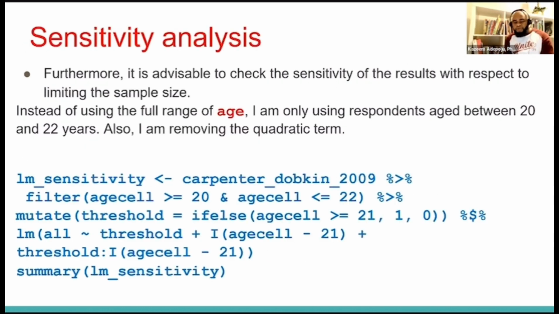And when we conduct what I call a sensitivity analysis, we don't want to use the overall range of the data. We only want to focus between the ages of 20 and 22, and we're also removing the quadratic term. We want to focus on the linear, and see how that changes the result.